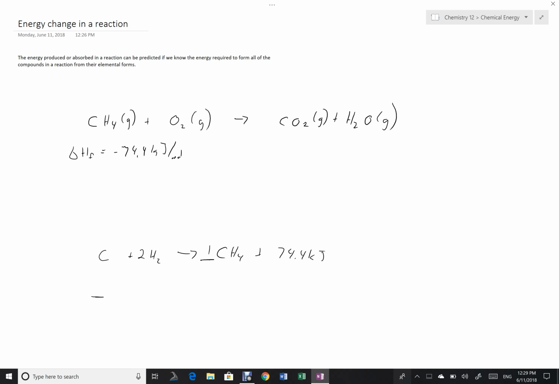So if C and H were both at the 0 energy level in the first place, when they went to form CH4, they would go down by 74.4 kilojoules to a lower energy state, releasing this energy to the environment in an exothermic reaction. I'm not going to write that out for each one of these things. I just wanted to review that basic definition on my way by there.